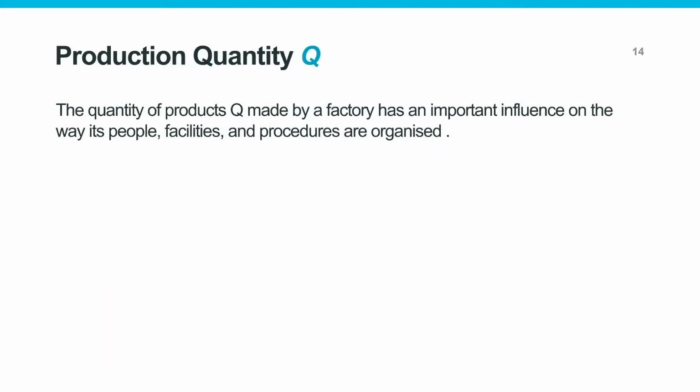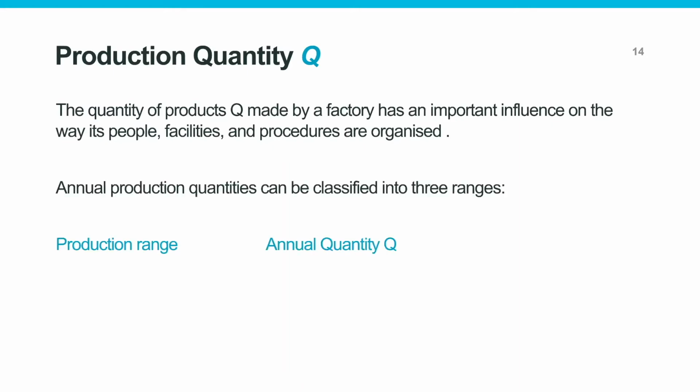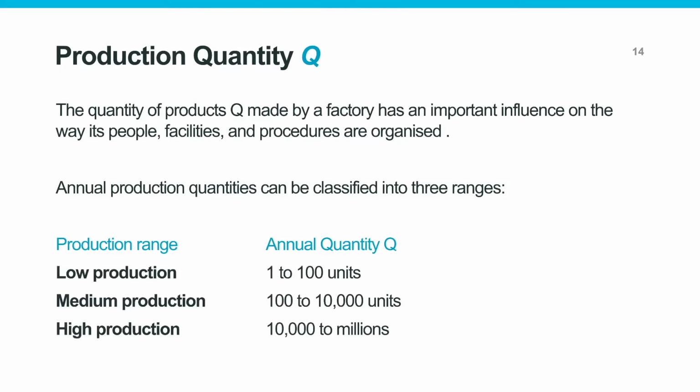The quantity of products made by a factory has an important influence on the way its people, facilities, and procedures are organized. Annual production quantities can be classified into three ranges. Low production, where the company manufactures 1 to 100 units annually.